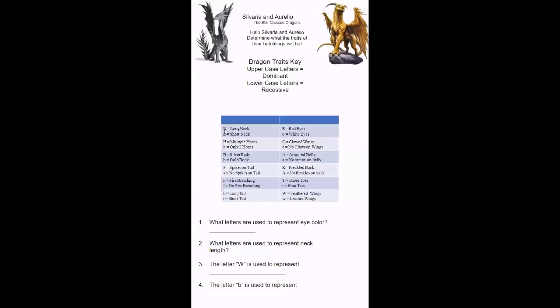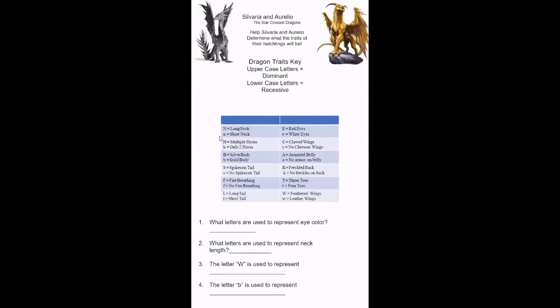It could be two capital N's, which would be homozygous dominant, or two lowercase n's, or you could have one dominant long neck and one recessive short neck. But you have two alleles, two versions of every trait in your DNA. And so it is the same for the dragon offspring.